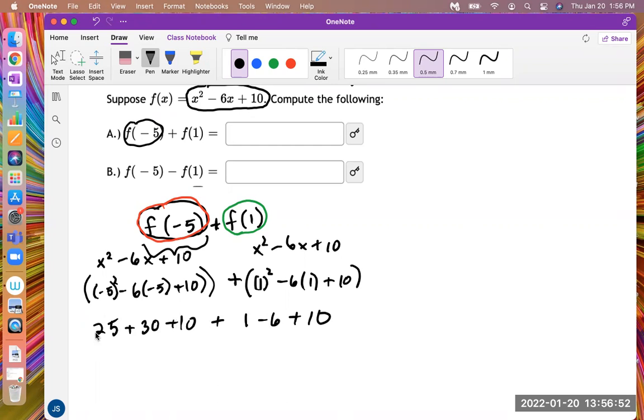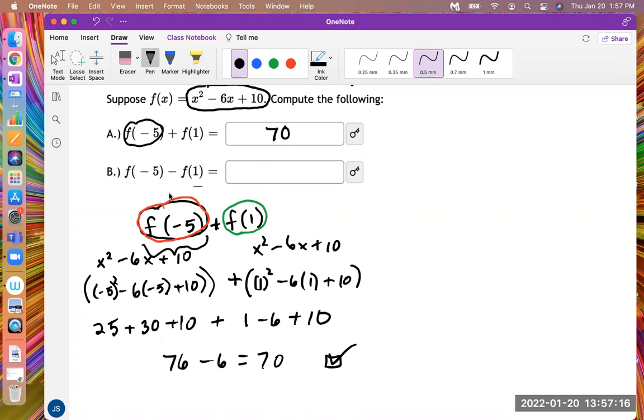So I have 25 plus 30 is 55, 65, plus 10, 76. And then minus the 6, and I get 70. And there we go. That's our answer for this first part.